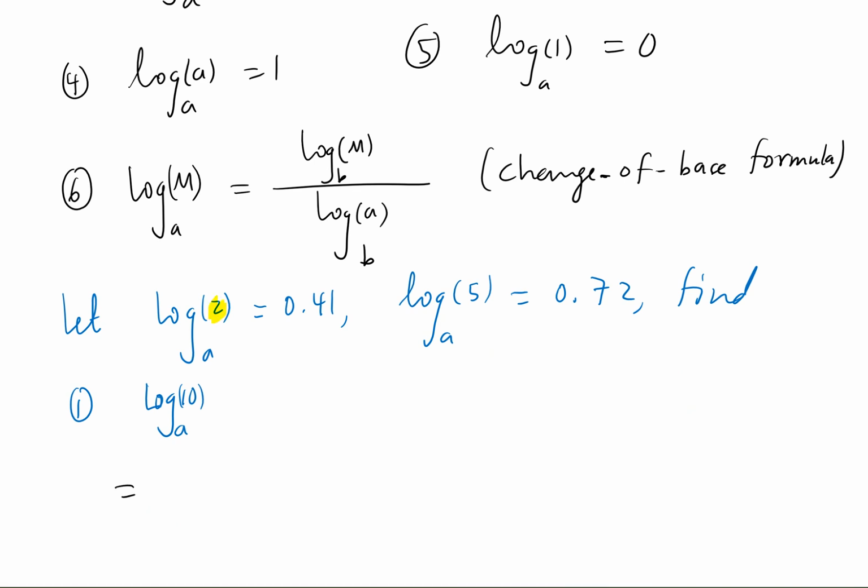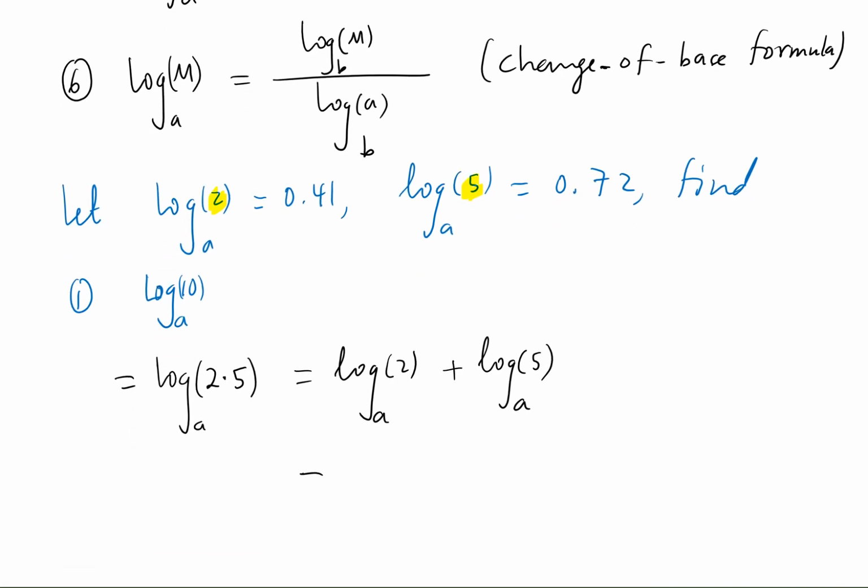They have a 2 and 5. So 10 can be rewritten as 2 times 5. So this is log 2 base a plus log 5 base a. Log 2 is 0.41. Log 5 is 0.72. Together that's 1.13.